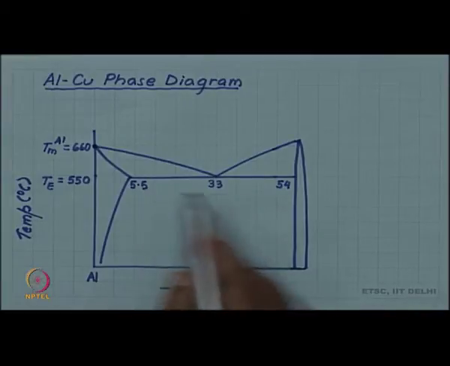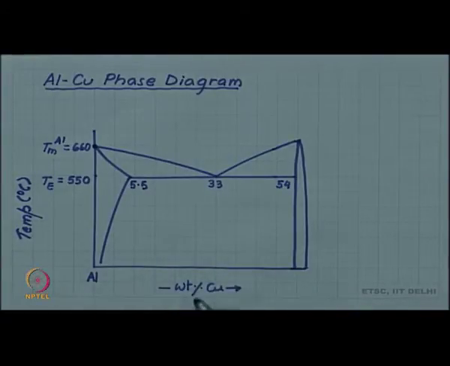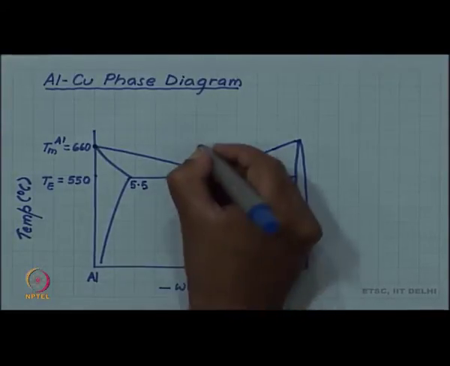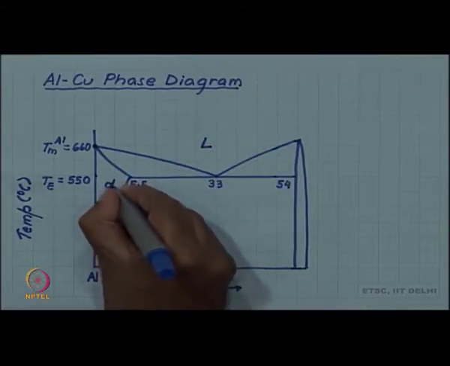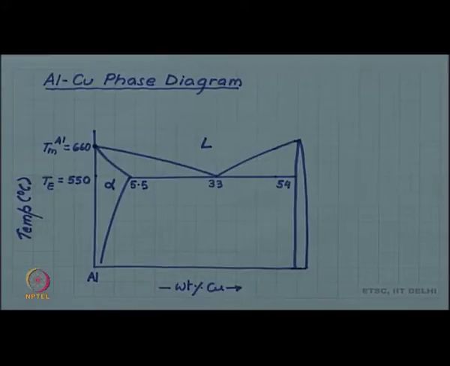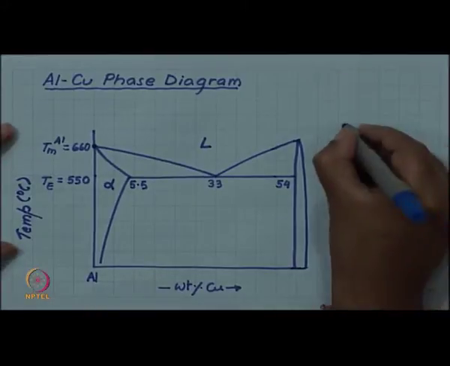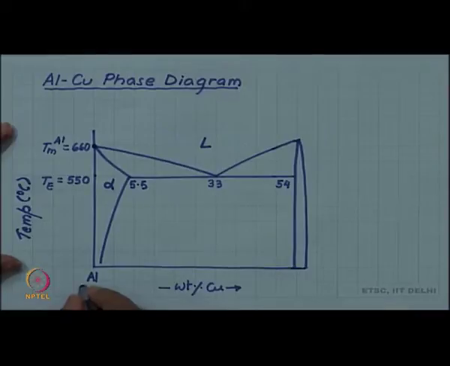Then the phase diagram has a eutectic reaction. This is the liquid phase, this is alpha, which is the solid solution phase. Aluminum is cubic close packed, CCP.